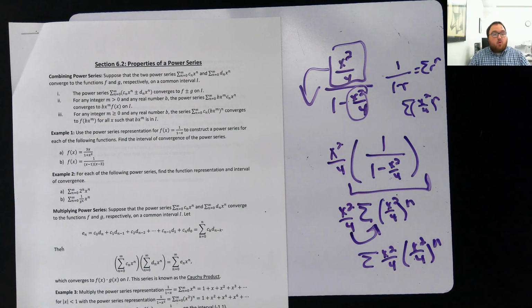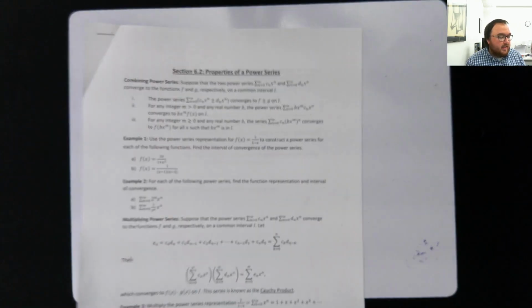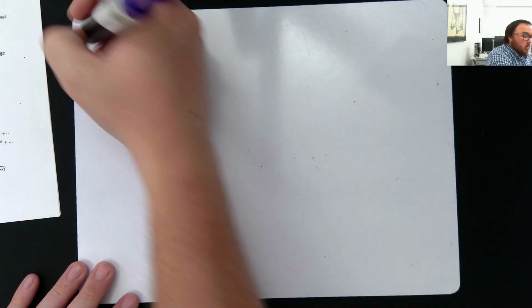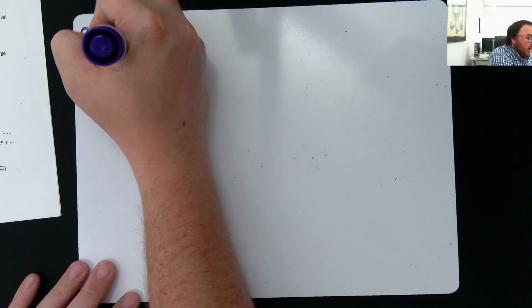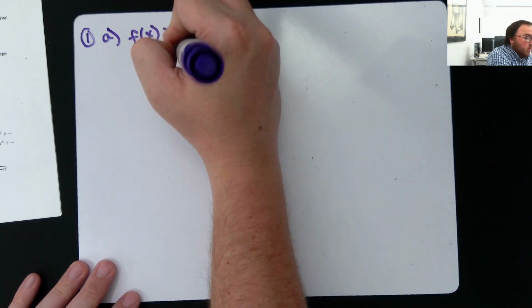So looking at example 1a. 1a says, use the power series representation for 1 over 1 minus x to construct a power series for each of the following. So 1a is the function 3x over 1 plus x squared.